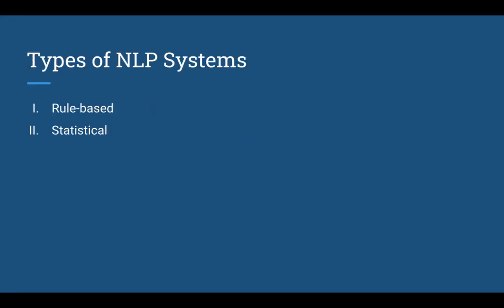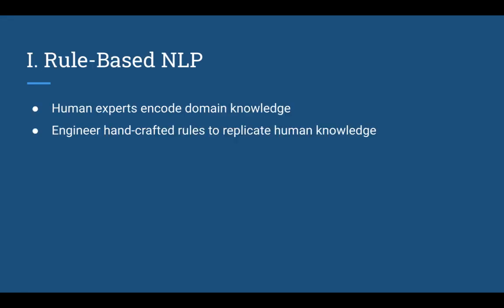So at a high level, there are two different types of NLP systems. The first is rule-based. And in rule-based NLP, human experts encode domain knowledge into computational rules. And this essentially replicates human knowledge. So there are a lot of advantages to this. So one is that you're utilizing expertise.